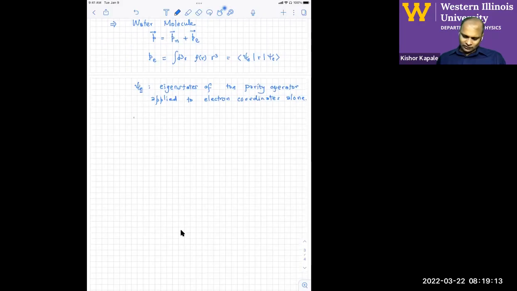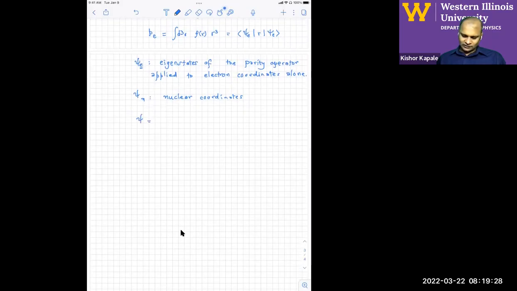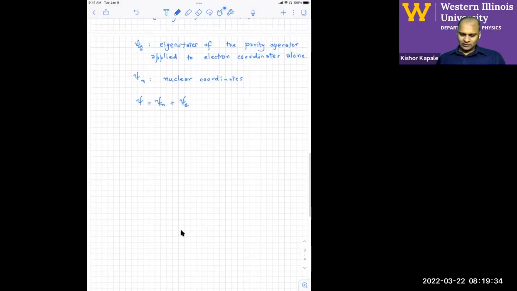And so for the total one, you would have the corresponding psi n for the nuclear. And in general, then the wave function, the nuclear wave function plus the electronic wave function, will also be invariant under parity operation.